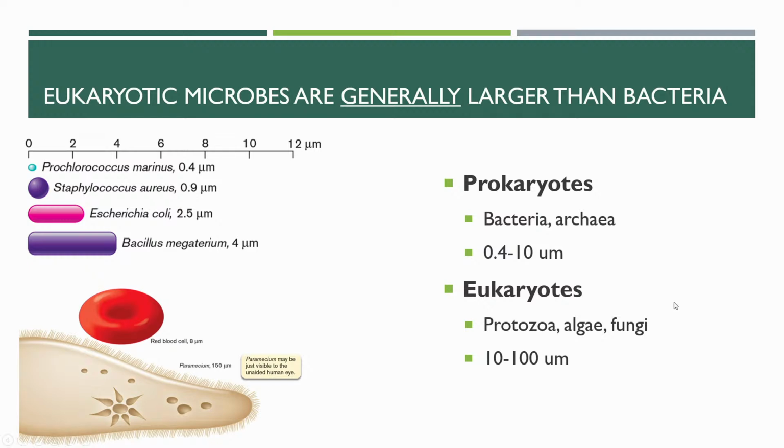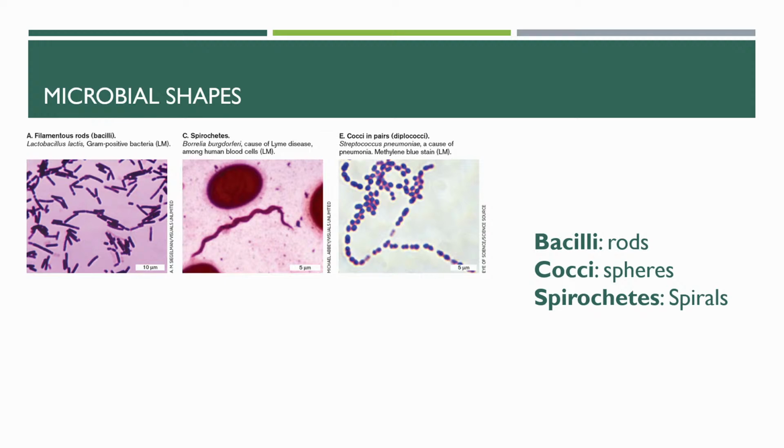So eukaryotic microbes are generally larger than bacteria. So just another quick differentiation there. Reminder of what prokaryotes are, what falls under eukaryotes, but they're all microbes. Of course, there's exceptions to every rule, though. But here are the different shapes. You have these rods.